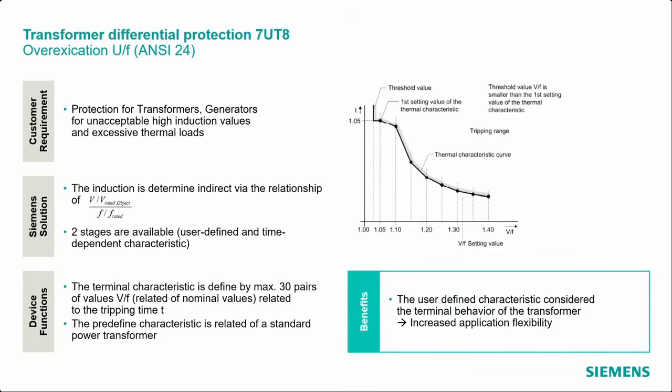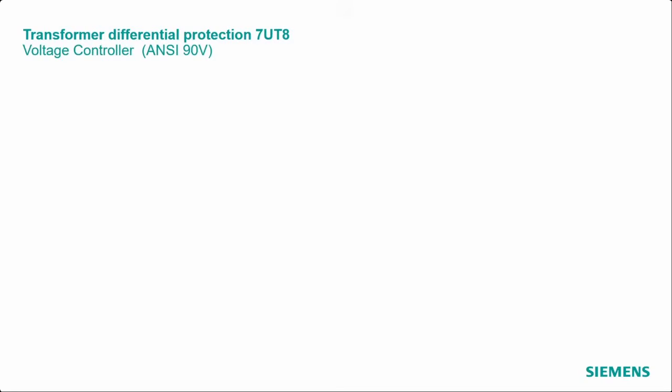So according to the given data from the transformer manufacturer, you can have 2 stages available: the user-defined stages and a time-dependent characteristic. The thermal characteristic can be defined by 30 pairs of voltage and frequency, and in the end it is perfectly adapted to the given data from the transformer manufacturer.